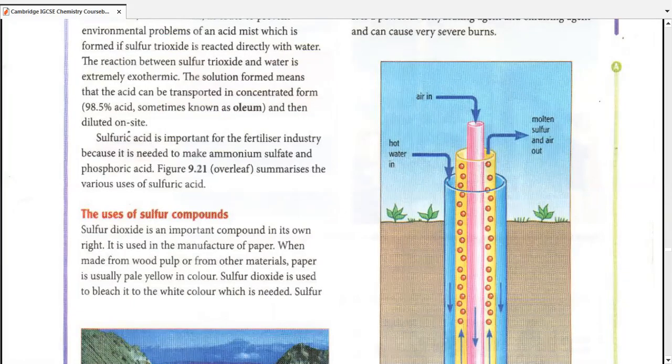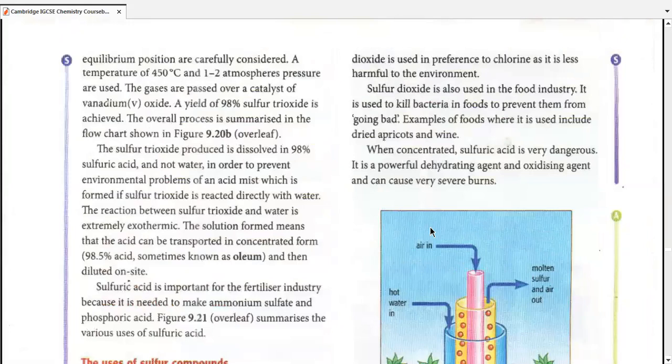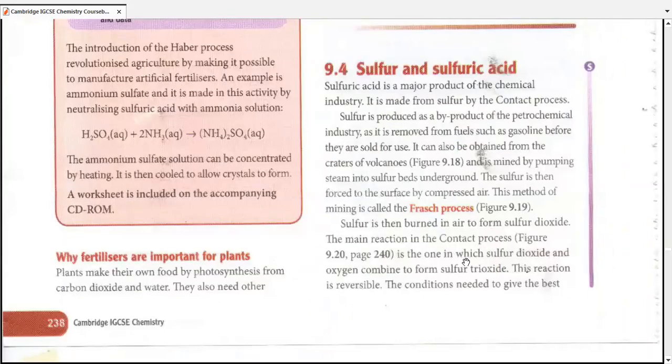So moving on to the previous paragraph on the previous page. So last paragraph on this page, page number 238. Sulfur is then burnt in air to form sulfur dioxide. Of course, it is going to react with oxygen in the air to form sulfur dioxide.